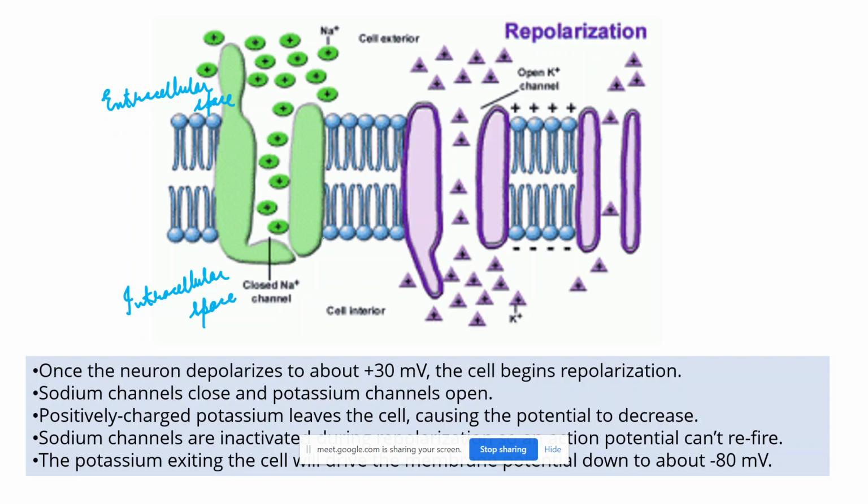During repolarization, as you can see here, your sodium channel is going to be closed. Hence, there will be no more influx of sodium ions. However, your potassium ion channels are going to open, so there will be an outflux of potassium ions, and that is how the membrane is going to restore its potential.